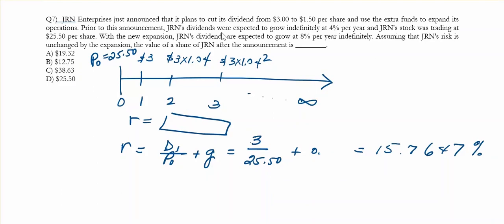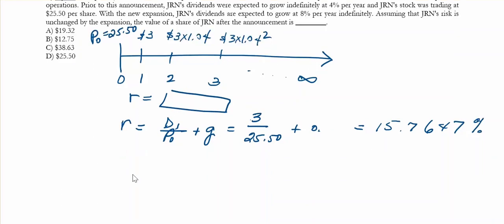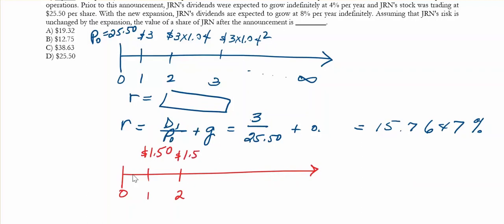All right, now in the second step, now under the new plan, the dividend will be cut in half to $1.50. But because they cut the dividend, they can reinvest. And there's a plan that the dividends will grow at 8% as a result of reinvesting.